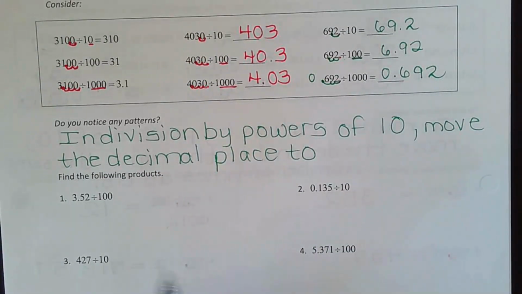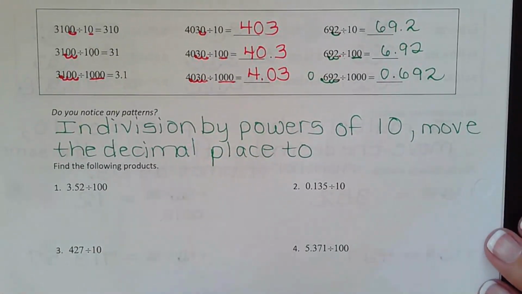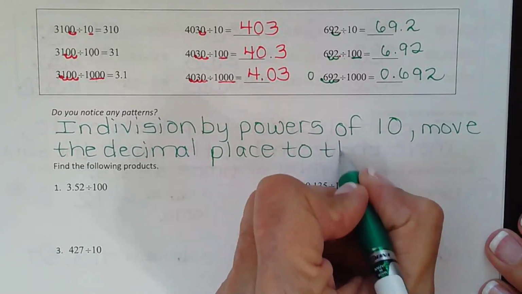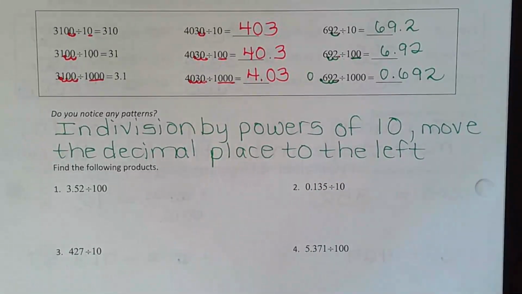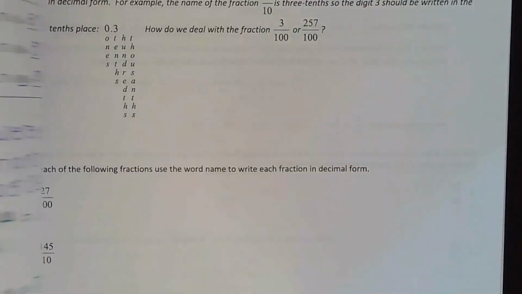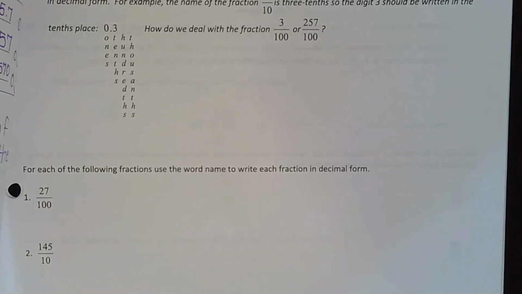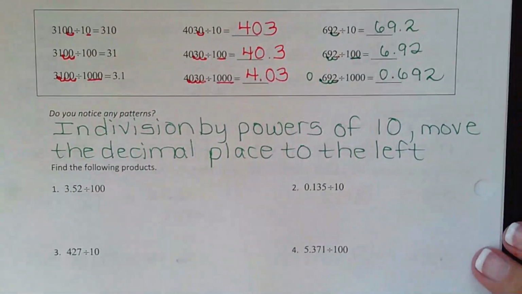Right makes it bigger, left makes it smaller. How did I so clumsily write that? The same number of times as zeros.